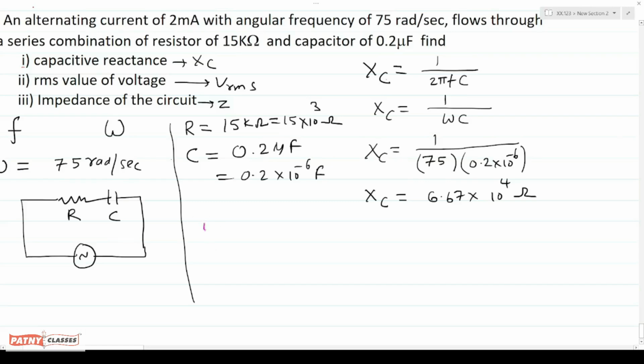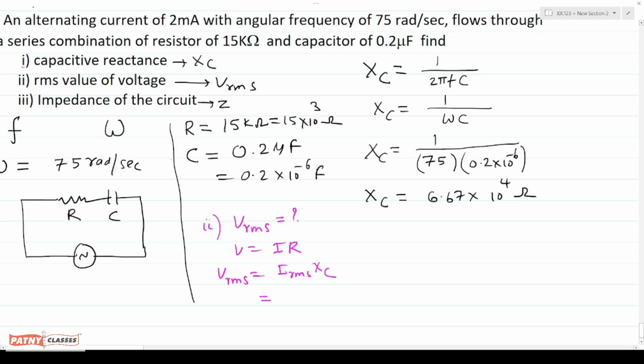Now second part, we need to find out VRMS equals to how much. The basic relationship, V equals to IR. Therefore VRMS equals to IRMS, and in place of R we will use the XC. Therefore VRMS equals to IRMS multiplied by XC.